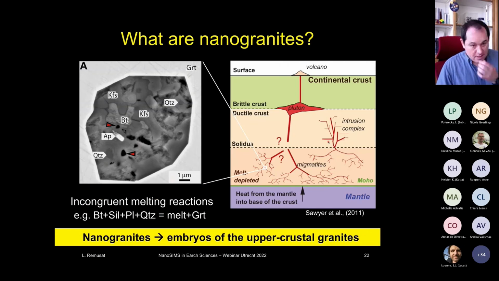muscovite. So if I show it in a different way, we are investigating what's happening at the base of the crust in migmatites, where we have partial melting, and this melt is moving up. It can be entrapped into plutons, and this is where you crystallize granite.